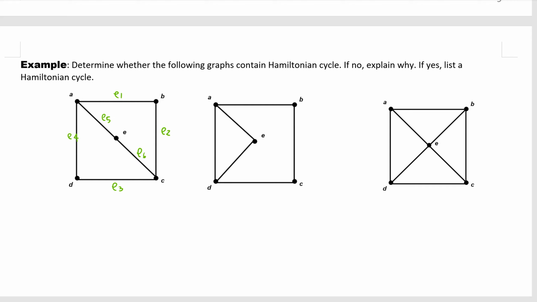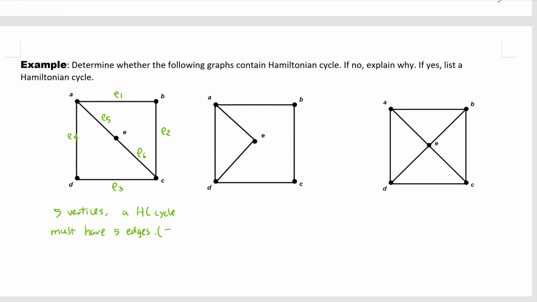So we have 5 vertices. A Hamiltonian cycle must have 5 edges, the same number of edges as the number of vertices.